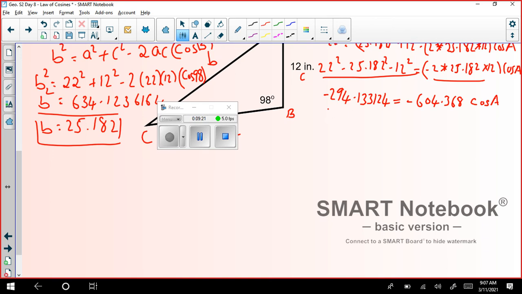So if I divide negative 6.4368 on both sides, these two get crossed out and I'll have cos A as... let me put this in the calculator and get the answer.